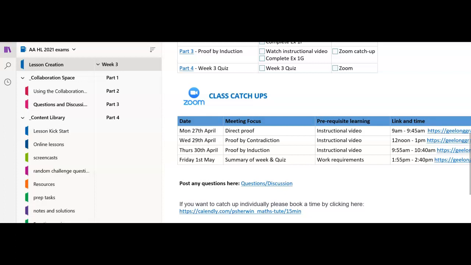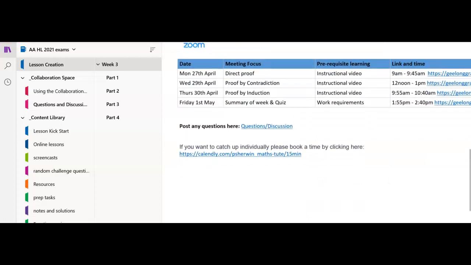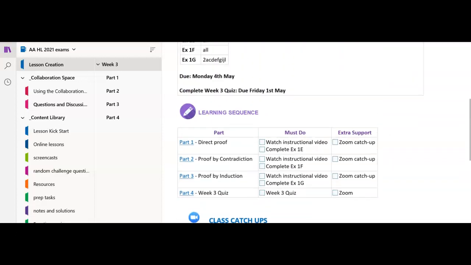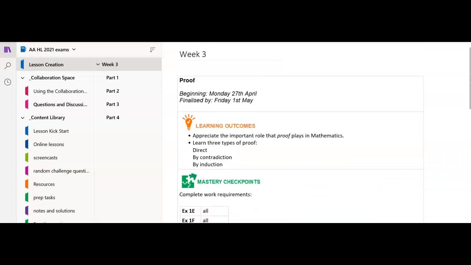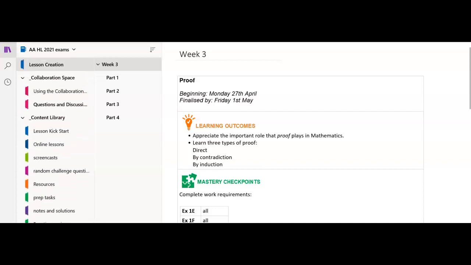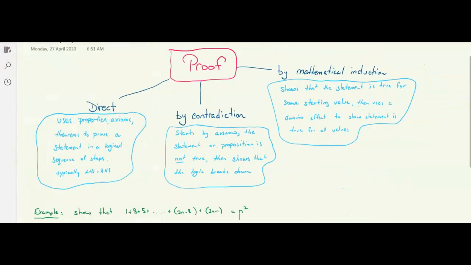The first link is to do with direct proof, which is this lesson, and that's on Monday at 9 a.m. You can post your questions there, and if you've got a couple of questions and you think Zoom will help out, you can book a one-on-one tute through that link. And my notes to all of the lessons will always be in here in screencasts. Okay, so that's the layout of the week.